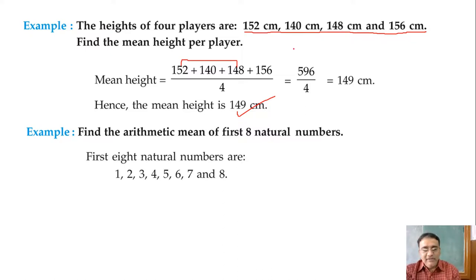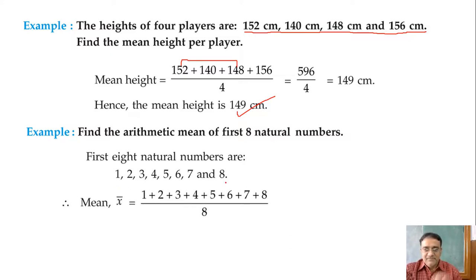So our formula will be the sum of all these numbers divided by 8. This is clear? Yes, sir. If you add, you will get 36. 36 by 8, that is 4.5. Any doubt in this part, this section? No, sir.